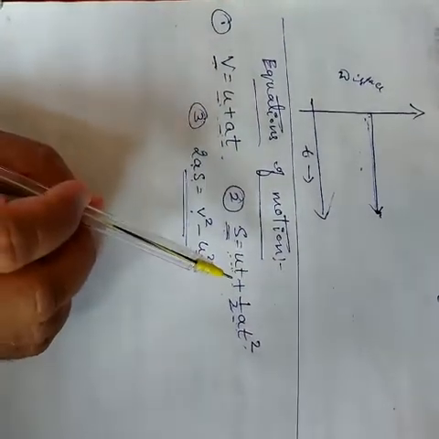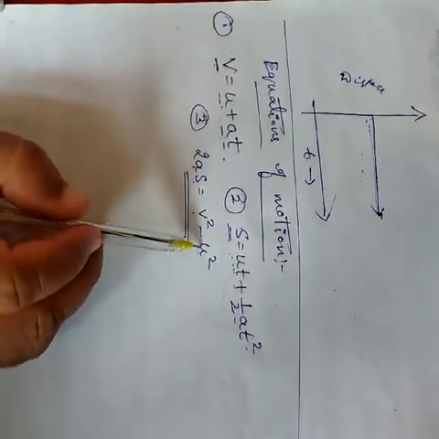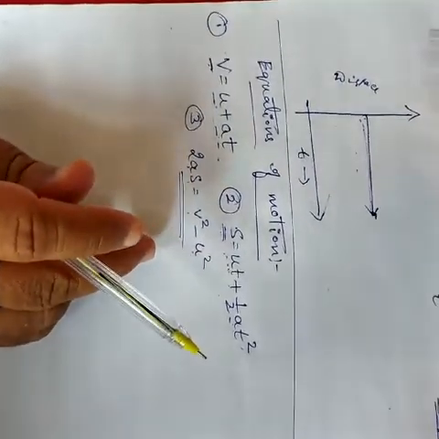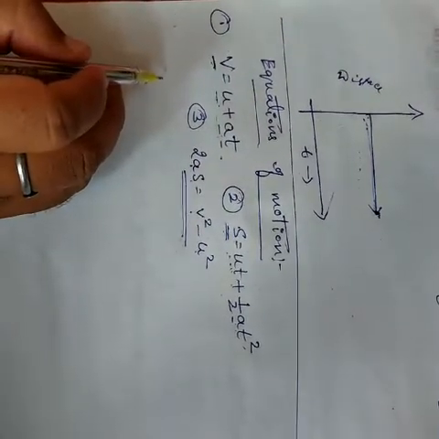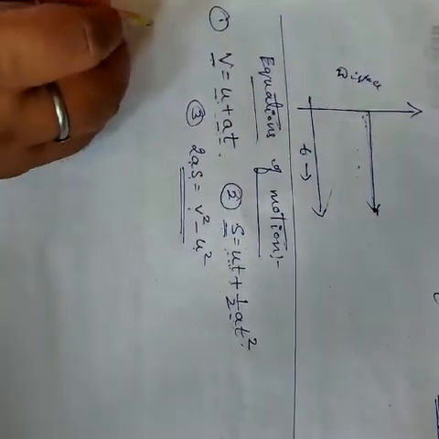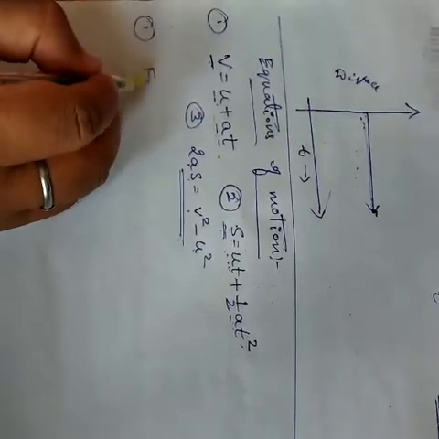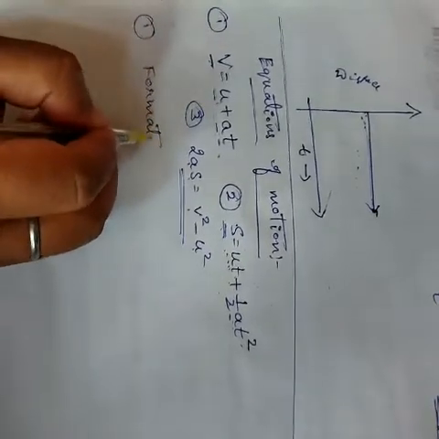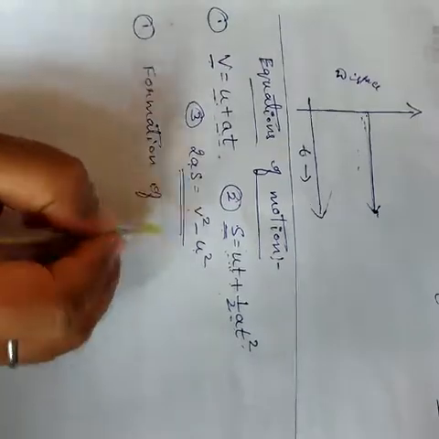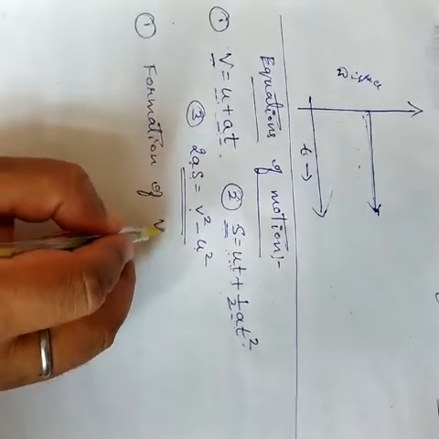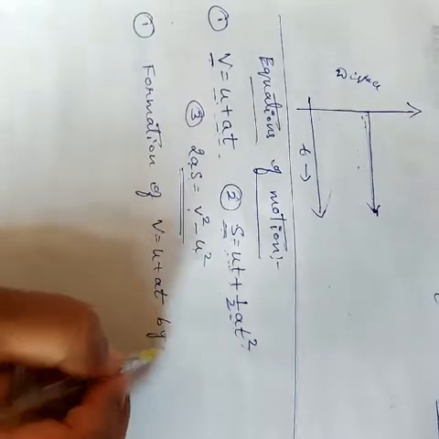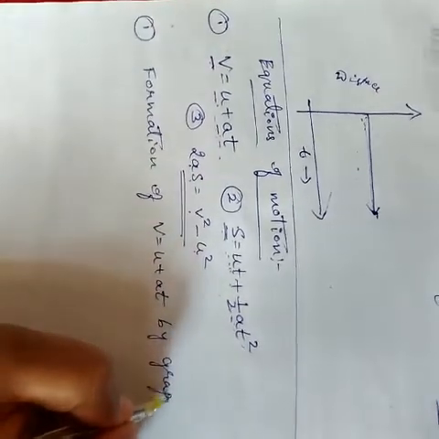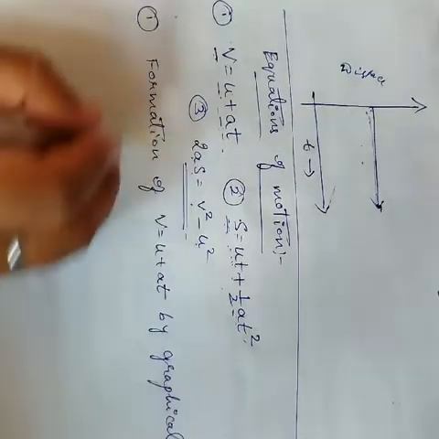And how are they derived? To show the derivations, we use the graphical method. First we go to the derivation of the first equation, v is equal to u plus at, by the graphical method.